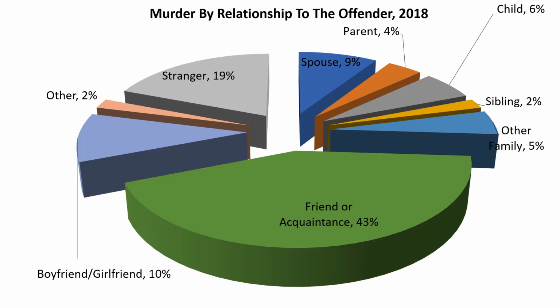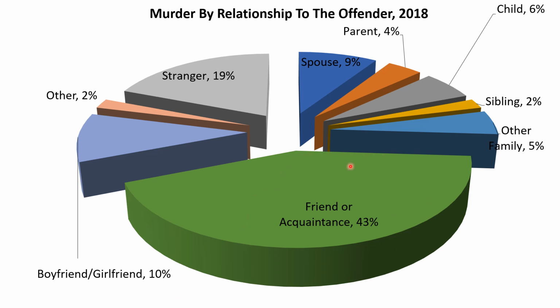So here's your relationship. And this is another interesting thing. So you will see that the majority of homicides are murders, specifically. So remember, murder is the intentional act of taking someone's life. That is not accidental. And so you will see that the majority of murders are from friends or acquaintances.